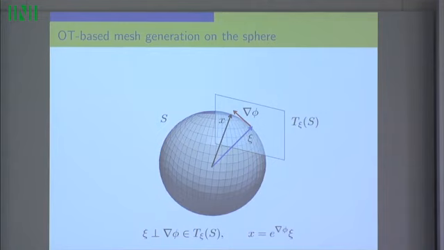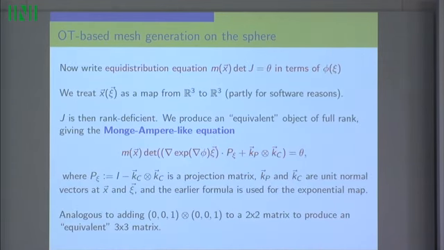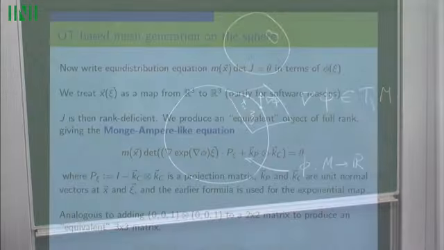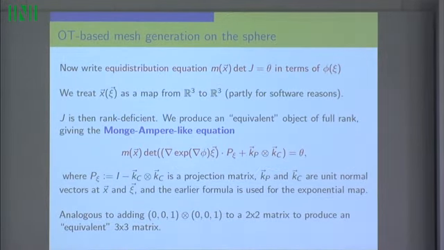As you can see, it has beautiful geometry associated with it. Okay, how do we do the meshing? Well, the basic idea is this. We might have a patch of stuff there, and we want to map that.